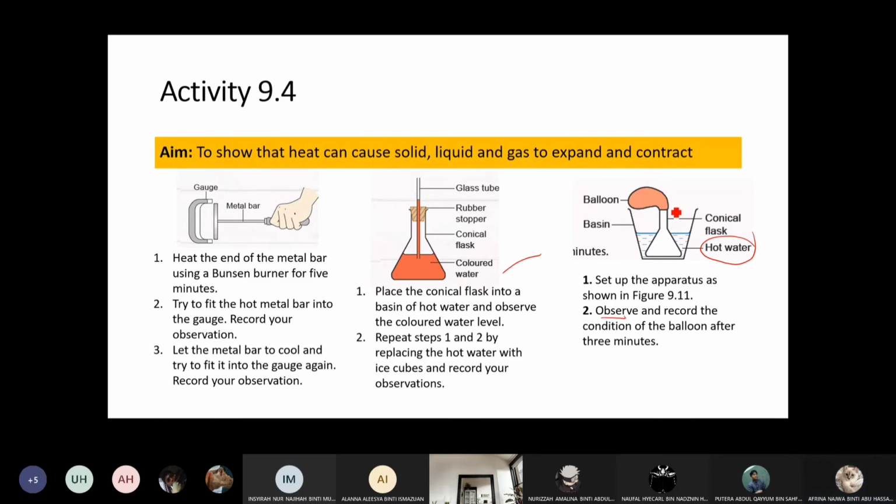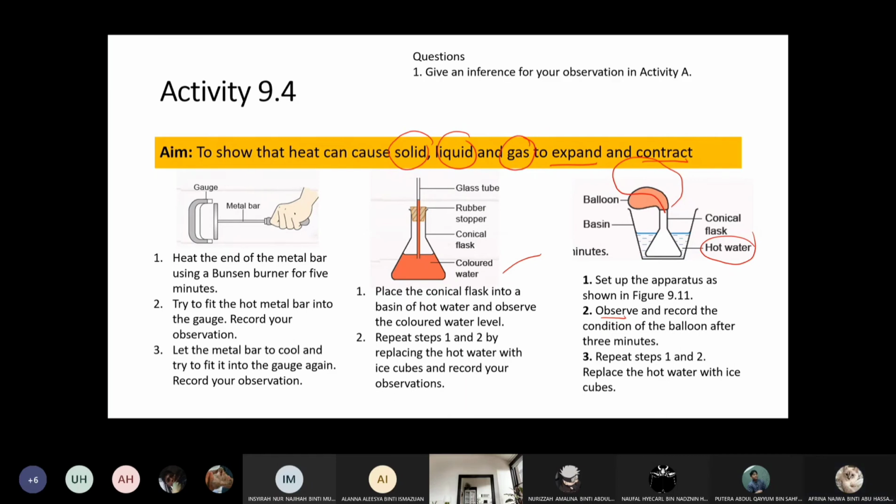The balloon will expand. Okay, so from these activities, we can conclude that solid, liquid, and also gas expand and also contract.